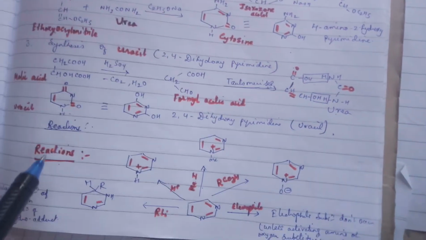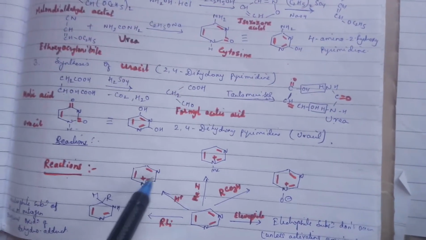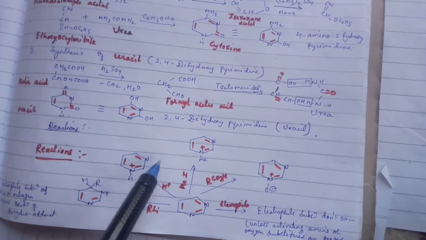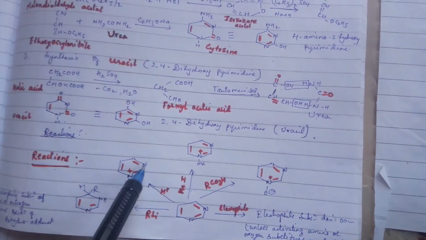1,3-diazines or pyrimidine. As we have already discussed in diazines, because of the presence of these two heteronitrogen atoms, they withdraw electron density from the ring carbons because of the minus I effect of the 2 nitrogens.